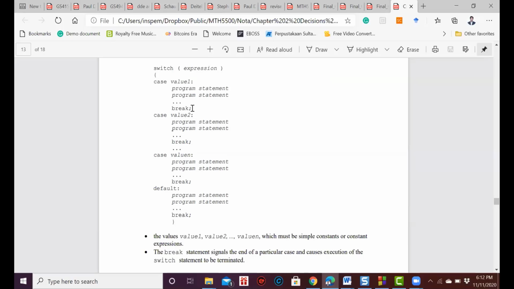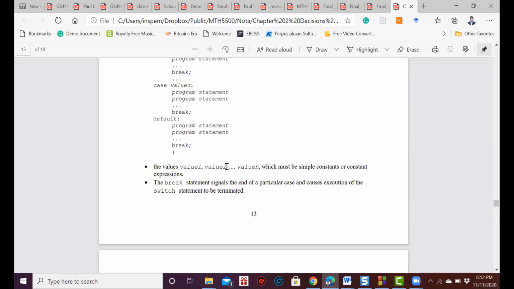Break is important in this case. Later, in an example or exercise, we will see situations where break is missing, so we can better understand the purpose of break.